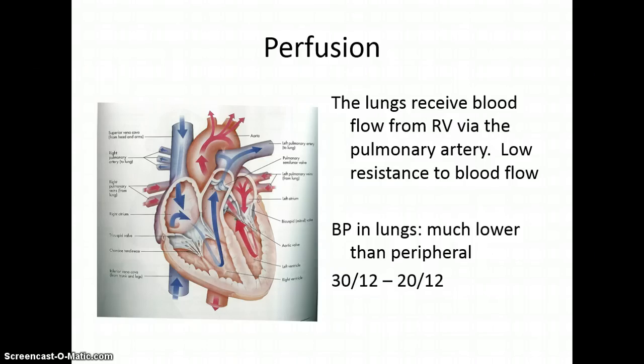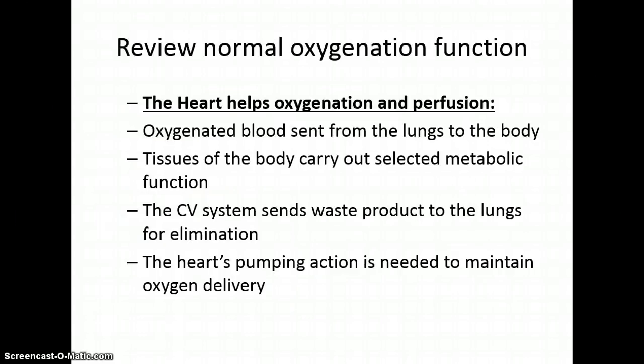We know that the perfusion is able to take place because of the pressure gradient that's very different. In the lungs, the blood pressure is only like 30/12, 20/12, making perfusion possible. In looking at our normal oxygenation function, again, that heart is what contracts and pumps to push the oxygen around and to cause that oxygenation and perfusion to happen.